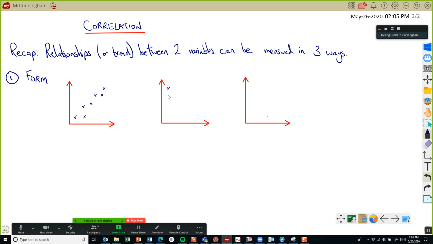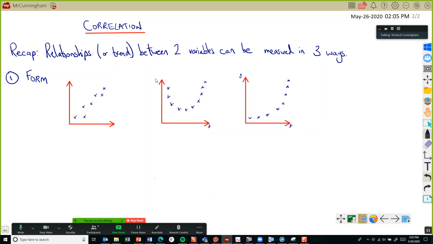Let's imagine it could look like this. And let's imagine it looks like this. You can all see this okay? And these are my variables x and y.